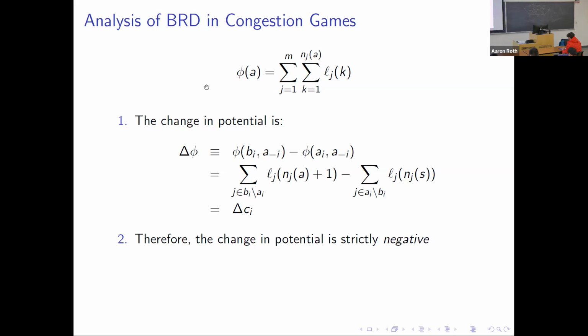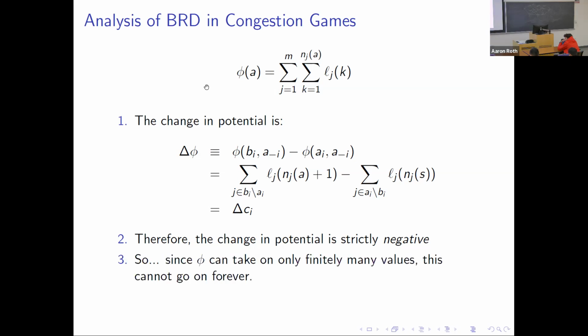But if this was a step of better response dynamics, the change in cost had to be negative, right? The only thing we assumed about these dynamics was that the changes decreased players' costs. So if we track this potential function as better response dynamics goes on, it starts at some value, and every step strictly decreases it.